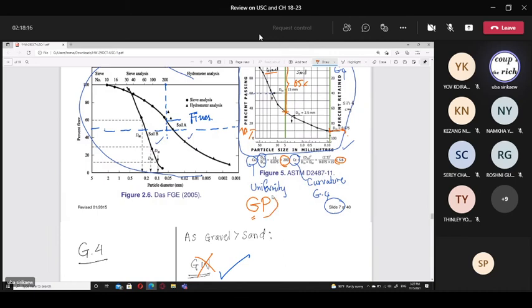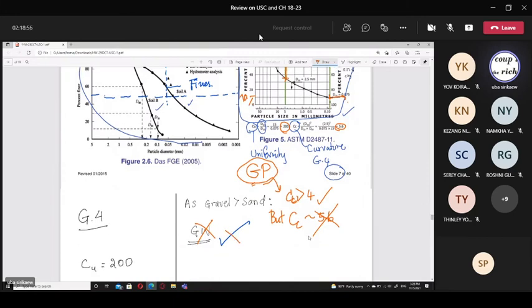It should be GP because CU is greater than 4, but CC equal to 5.6 doesn't meet the requirement, so it becomes GP. If you don't believe it, you have to check CC and CU.